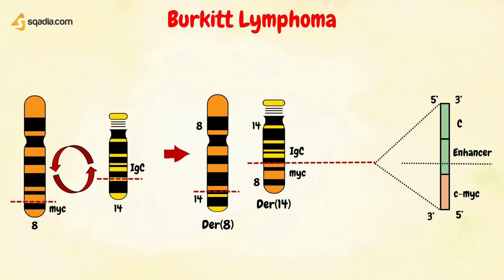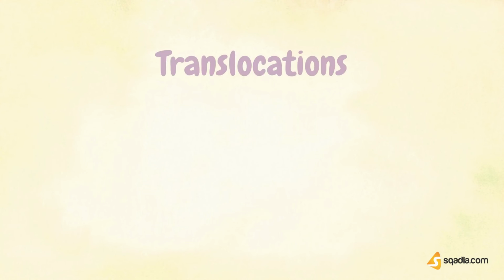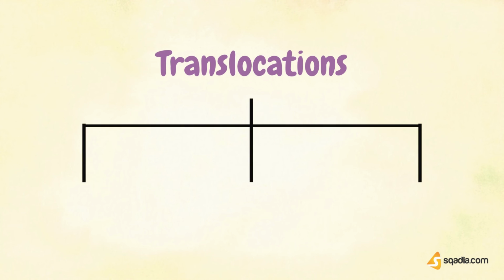As we have discussed, a translocation involves transposition of chromosome material, usually between chromosomes. 3 types are recognized: Centric Fusion, or Robertsonian, Reciprocal, and Insertional.